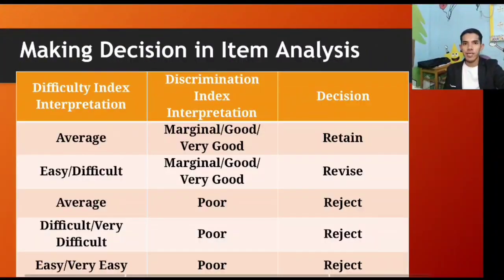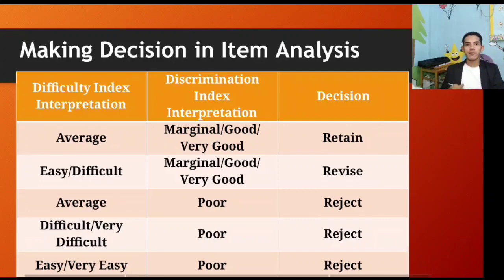So, okay, we have here making a decision in item analysis. You could see the difficulty index interpretation, discrimination index interpretation, and the decision. If your interpretation from the difficulty index is average, and its partner discrimination index is marginal, good, or very good, then the item should be retained.